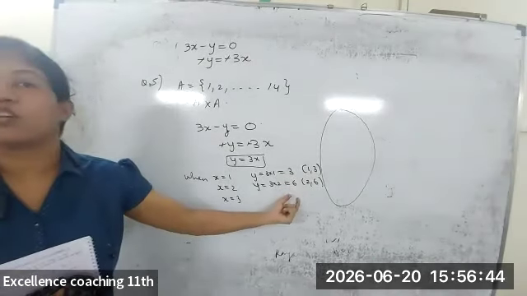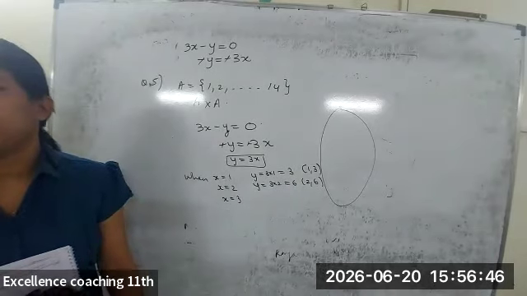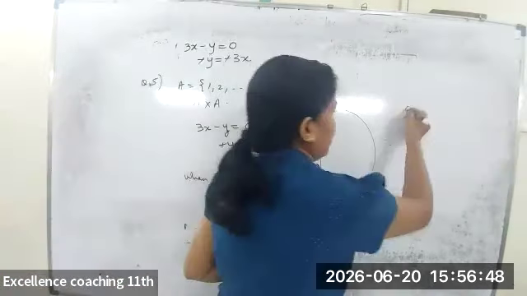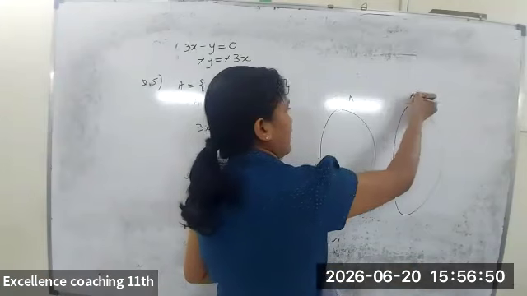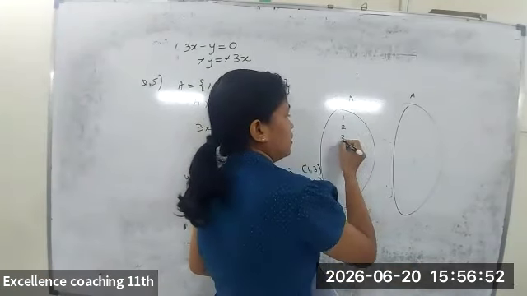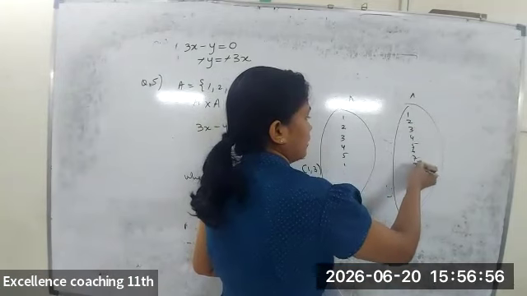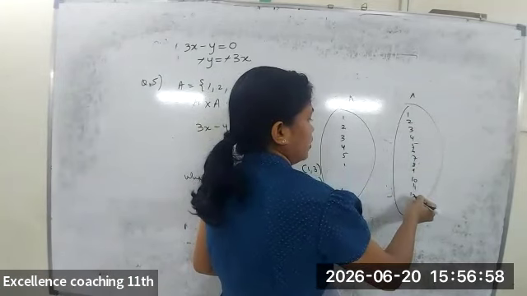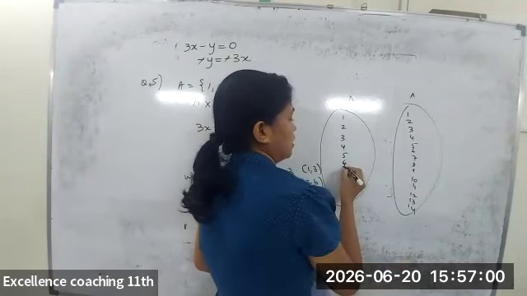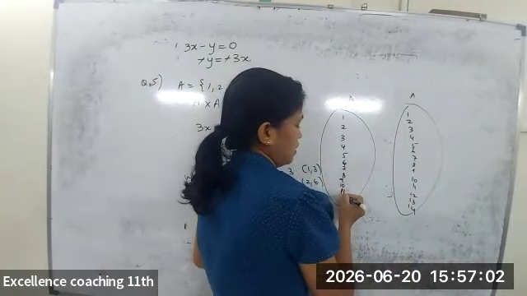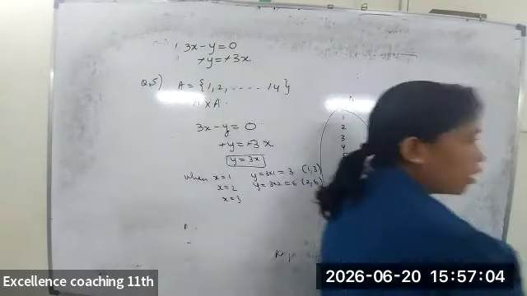This number should not cross 14. The moment you cross 14, it's like A to A. So 1, 2, 3, 4, 5, 6, 7, 8, 9, 10, 11, 12, 13, 14.